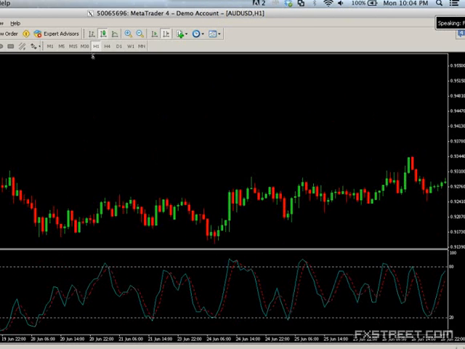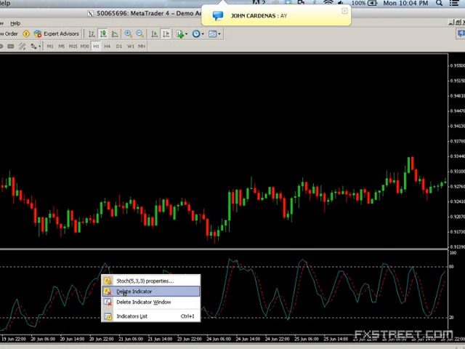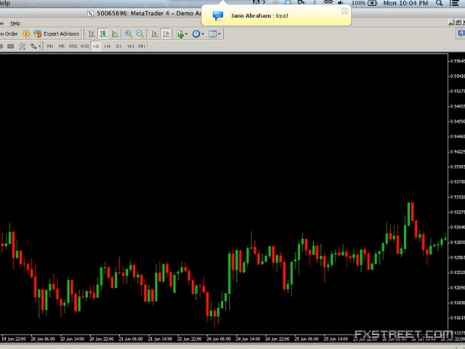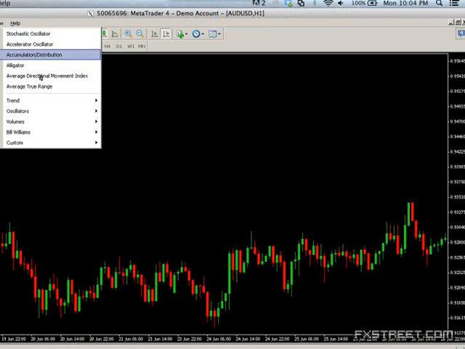What currency pairs do you like? Any particular currency pair you enjoy using? Okay, Aussie dollar. Let's take a look at Aussie dollar. My personal preference to find these opposites is stochastics. If you're using MetaTrader, you can simply click Insert, Indicators, go down to Oscillators, and you'll find it in that list.